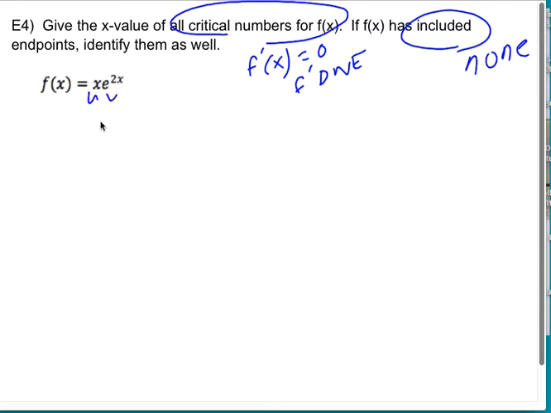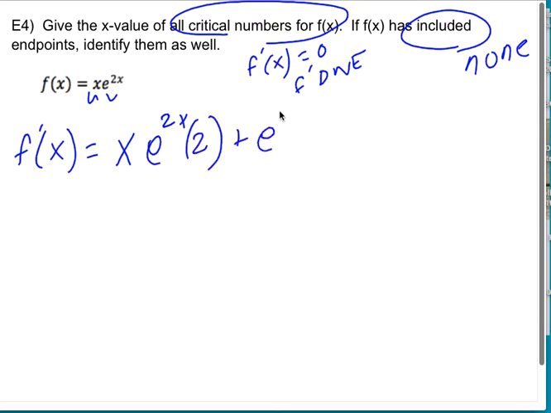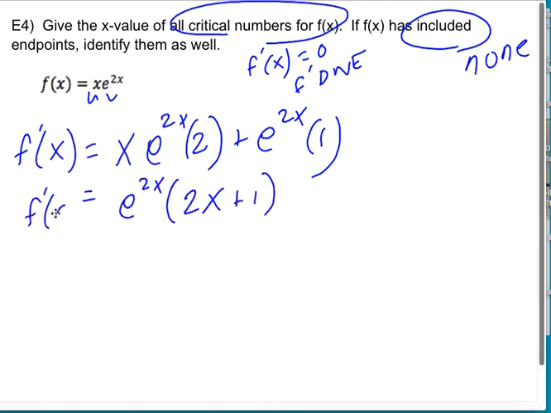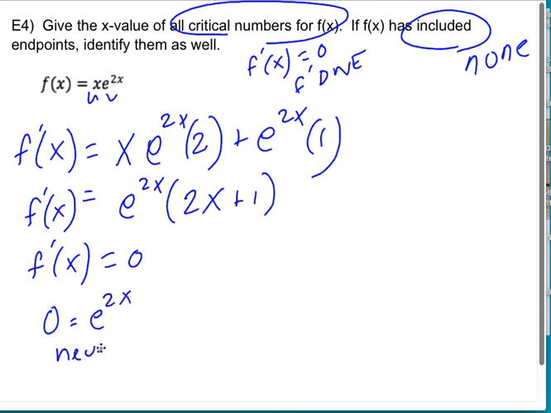You use the derivative of the function. So f prime of x is going to be u dv is going to be e to the stuff times the derivative of the stuff plus v du. So I'm going to get that this is an e to the 2x times 2x plus 1. I want when f prime is 0 or does not exist. Well, f prime of x is 0 either when 0 equals e to the 2x, which is never, because e to the 2x is a positive number.